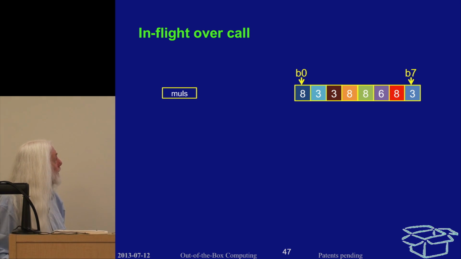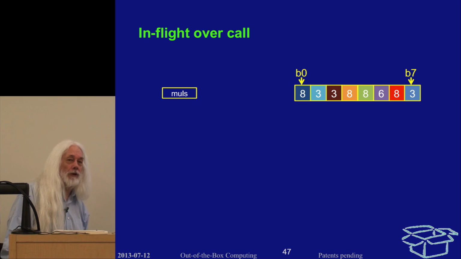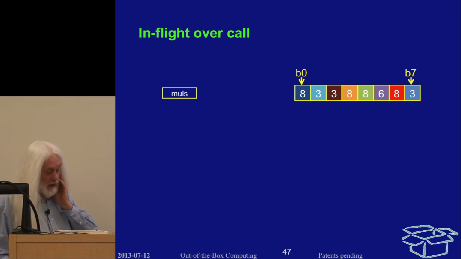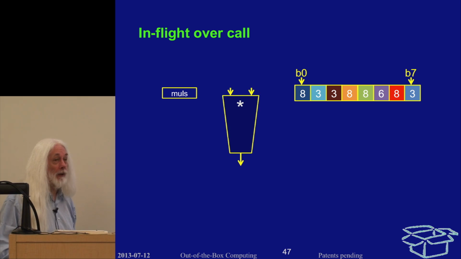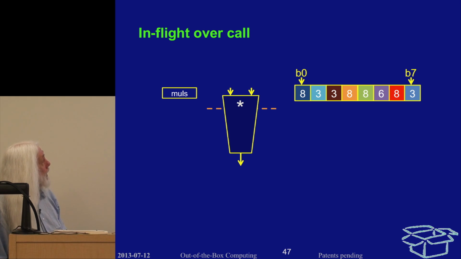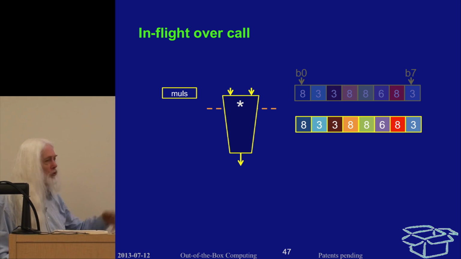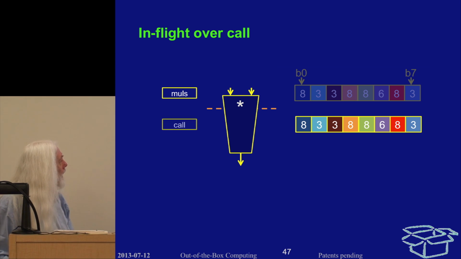Well, let's say that's our belt, and we do a signed integer multiply. That's what a MOLS operation is. There's our multiply unit. A cycle later, let's assume that nobody retired, so we still have the same belt that we did before. And we do a call.